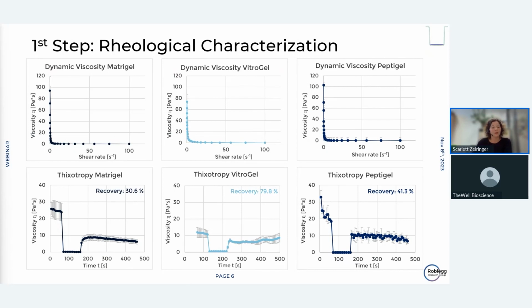In addition to the dynamic viscosity, we also investigated the thixotropy. The thixotropy is a measure for the recovery of the inner gel structure after complete destruction. Here, we found that VitroGel is the only one to recover by about 80% after complete destruction.